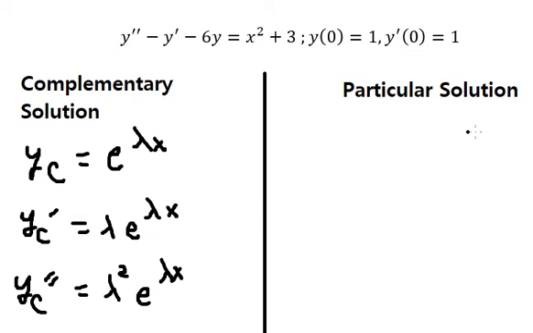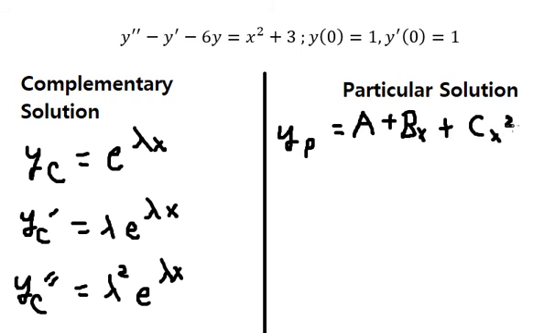About the particular solution, we consider the left side, and on the right side we have s squared plus 3. So we put yb equals a plus bs plus cs squared.